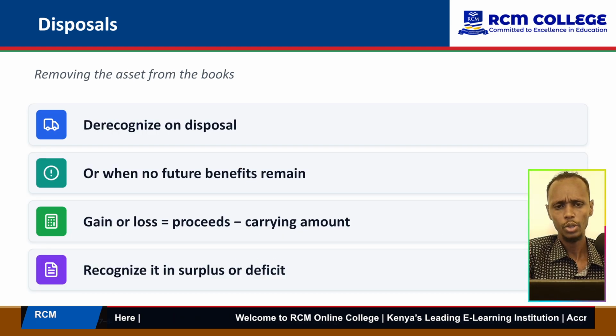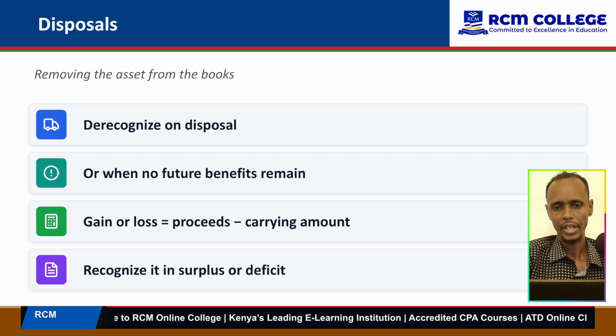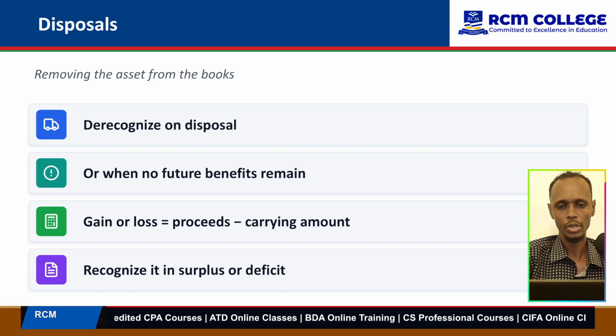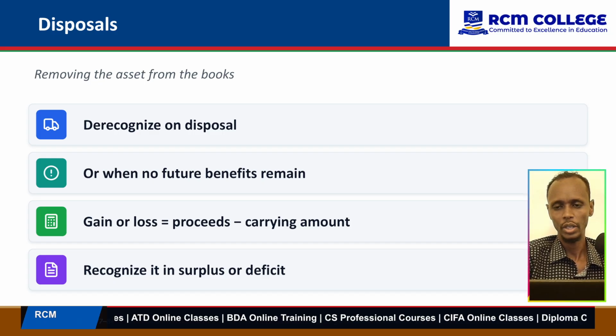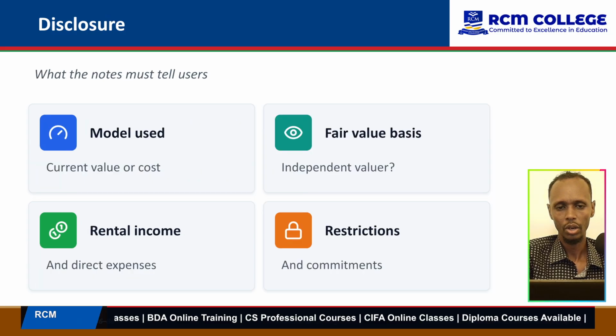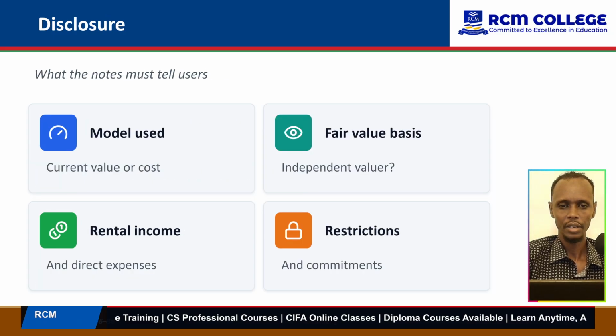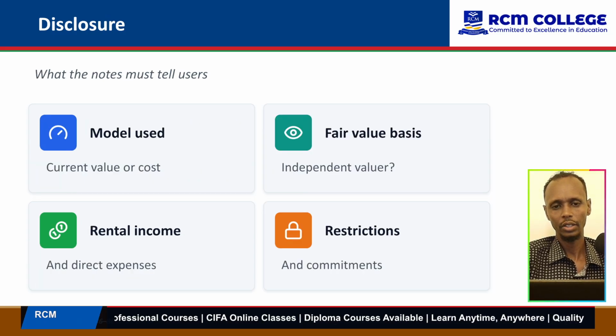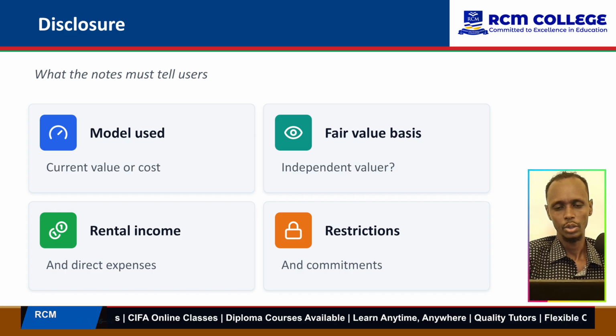Okay. Disposal. Derecognize on disposal or when no future benefits remain. The gain or loss, you take it to other surplus, other gain or losses. So proceeds minus carrying amount, you will either have the gain or loss. Disclosure: if you have used the cost model, you disclose the fair value.